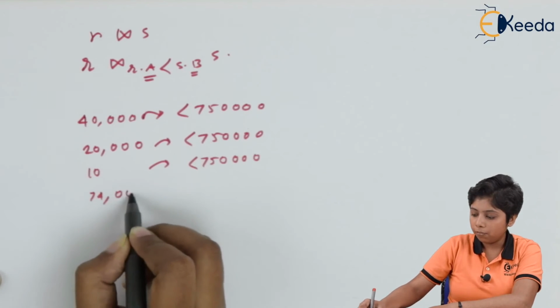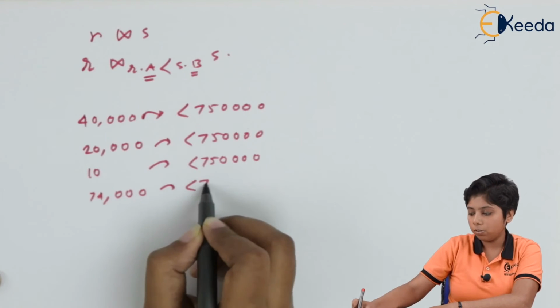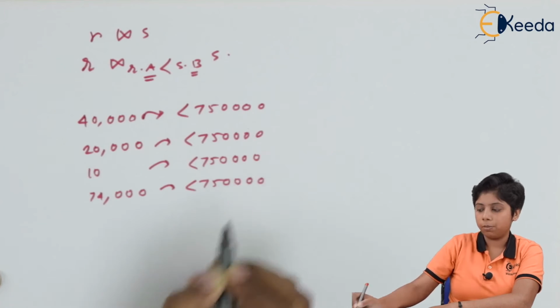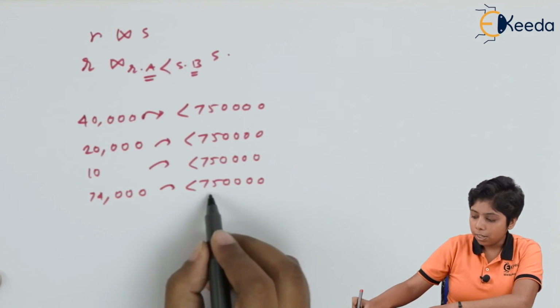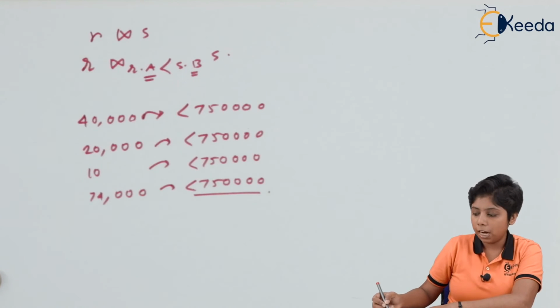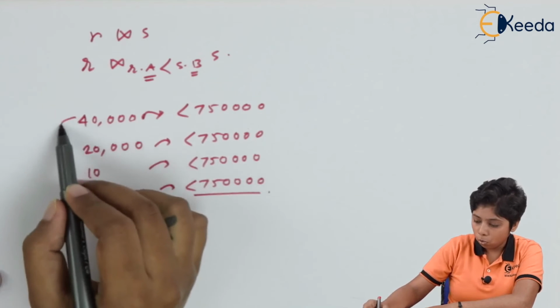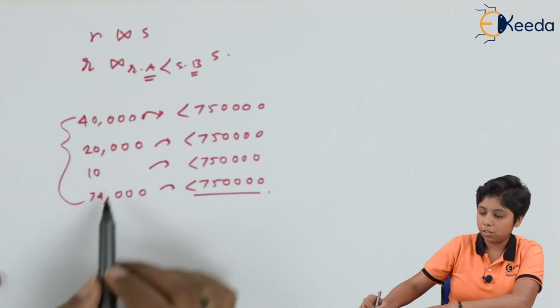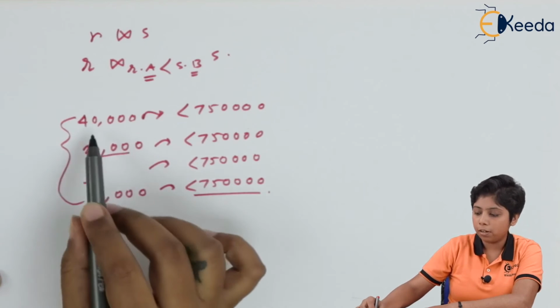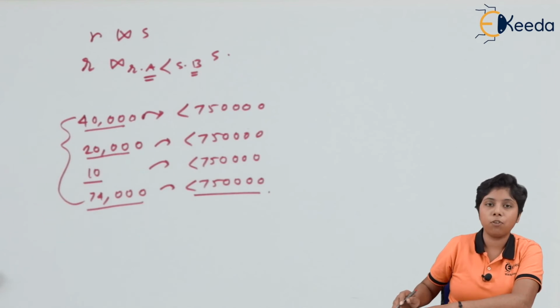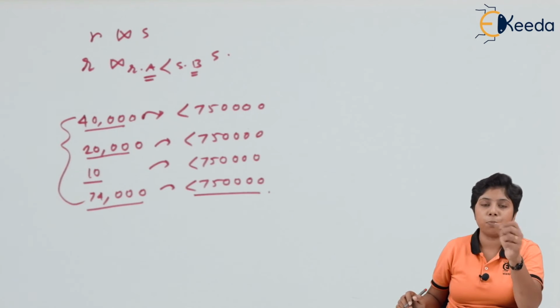Finally, 74,000 can also belong to the range of this one. So this provides us with a scenario where we have no categorical information, because 10,000, 20,000, 40,000 and 74,000 go into a huge partition.